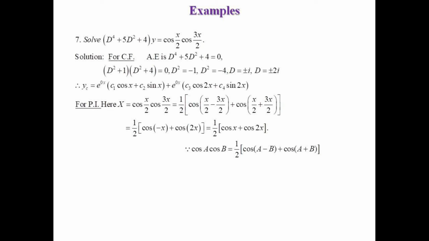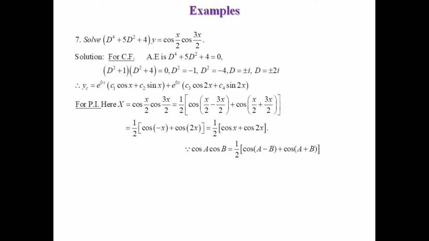In both cases we get complex roots, where alpha is 0 and beta is 1 in the first root, and alpha is 0 and beta is 2 in the second root.